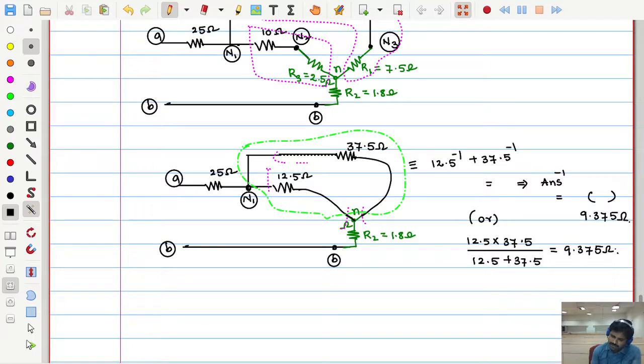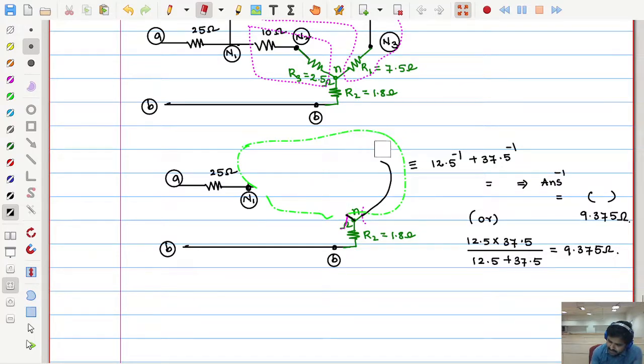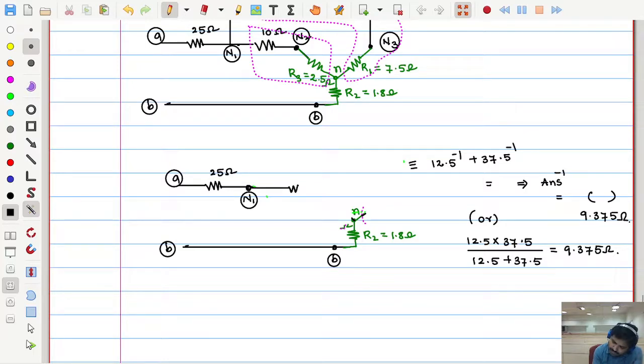Sir, same value, sir. Okay, then what we do is that we replace these two resistors now by a single resistor whose value is 9.375, 9.37, in this way.